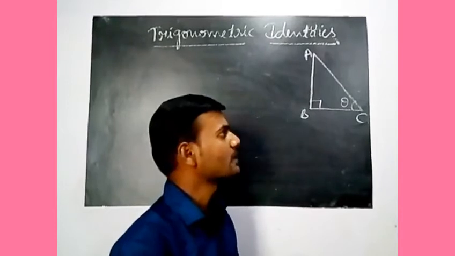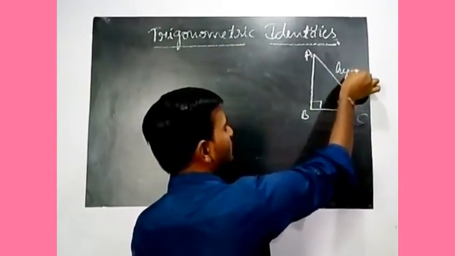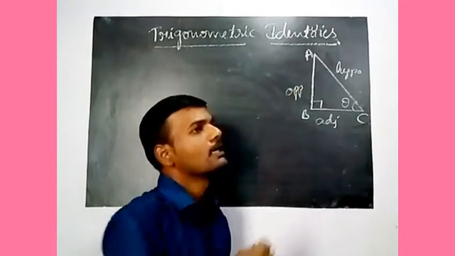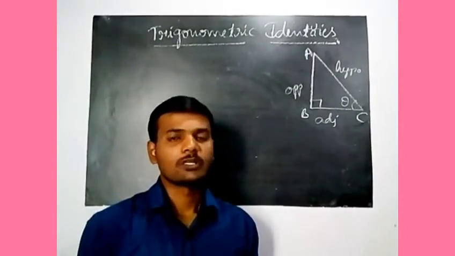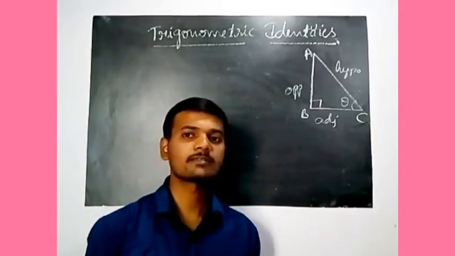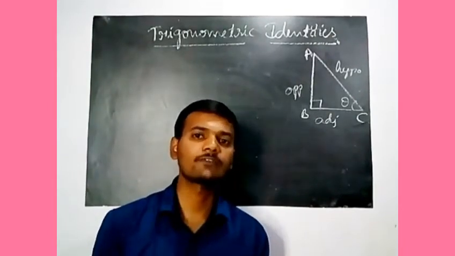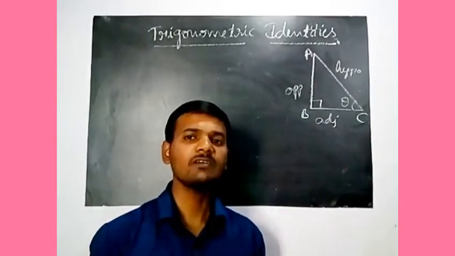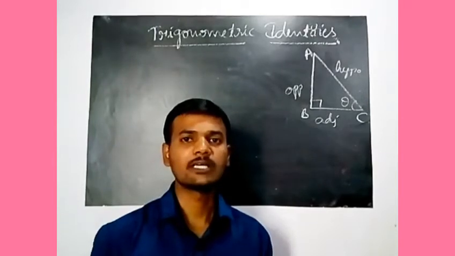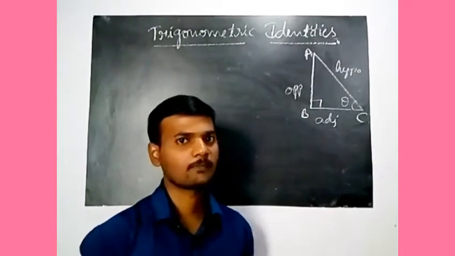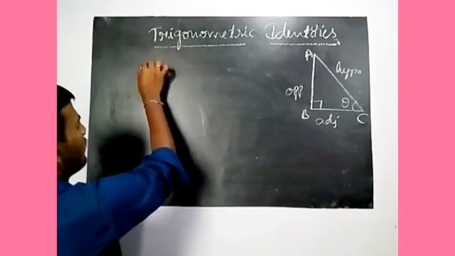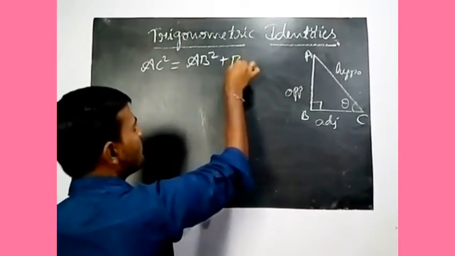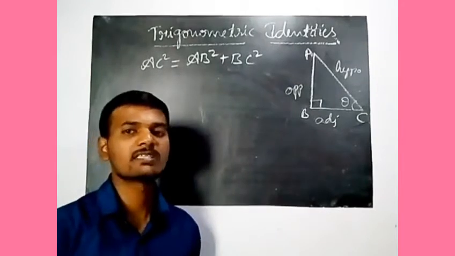Now name the sides: the hypotenuse, the adjacent, and the opposite. Since the triangle is a right triangle, we first apply the Pythagoras theorem, which states that the square of the hypotenuse is equal to the sum of the squares of the remaining sides. So AC square is equal to AB square plus BC square.